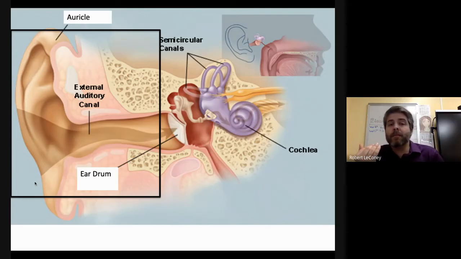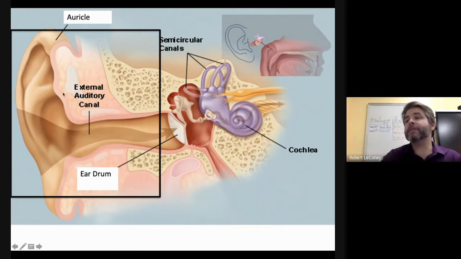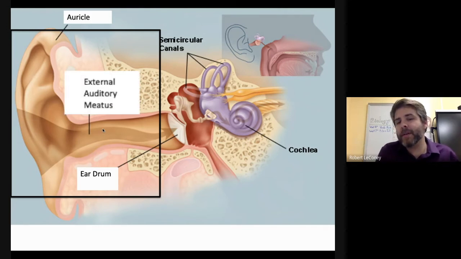So this is pronounced auricle, but it's the same idea because this is what is collecting the voices, helps you hear things. And it is actually going to funnel the vibrations of sound into your ear canal, which we are now calling the external auditory canal, or the external auditory meatus, which is the fancier science word that I'm going to give you, external auditory meatus.